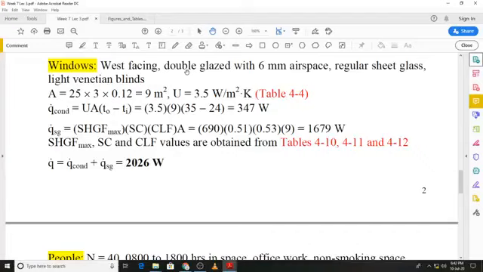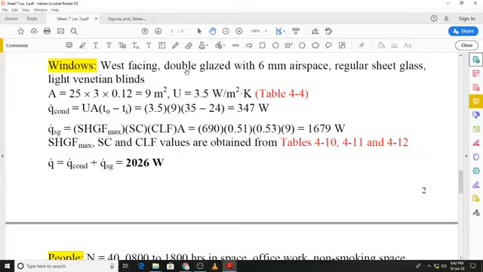In the first case, we have the conductive heat gains through exposed wall, exposed roof, and any door or window that is exposed. If there is a window, because it's a transparent surface, the heat gain through the window is further divided into two parts. One is the conductive heat gain, the other is the solar gain, or the thermal radiation transmitted through that transparent surface.